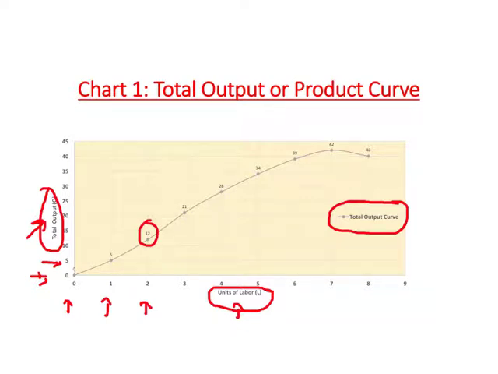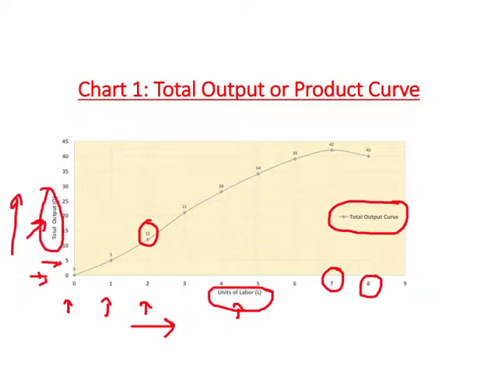And what you find is, as we increase the number of workers, the total output goes on increasing till the 7th worker. And then when we hire the 8th worker, the total output produced falls from 42 to 40. Why does this happen? Think about it, and we'll get back to this point later.